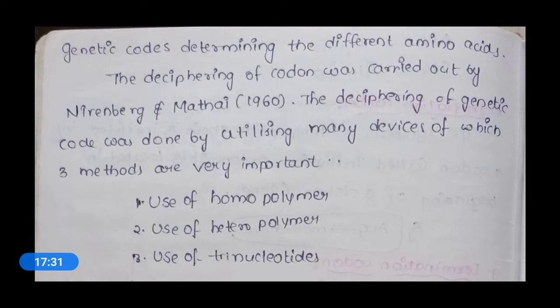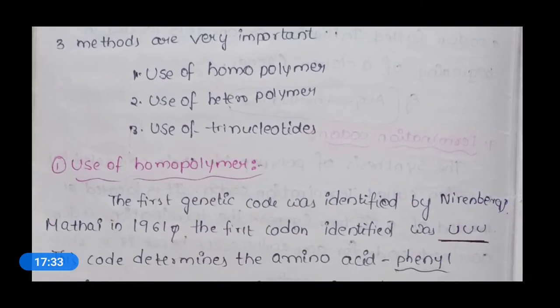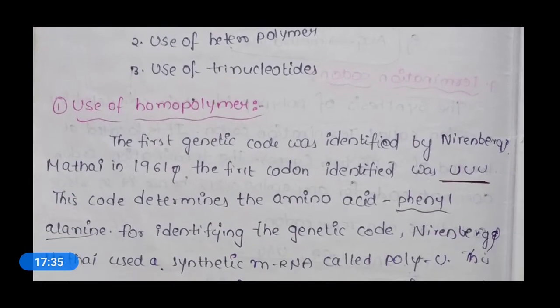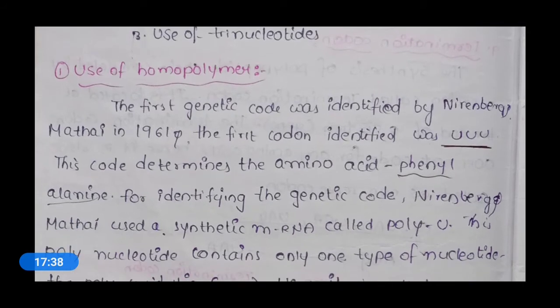The first genetic code was identified by Nirenberg and Mattei in the year 1961. They started the experiment in 1960, and the first codon identified was UUU.